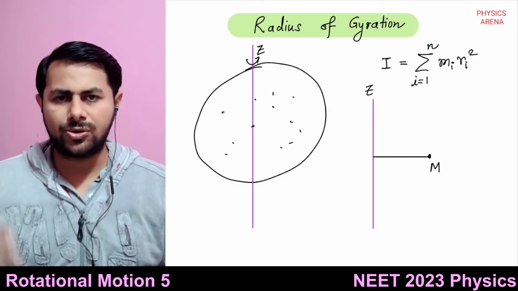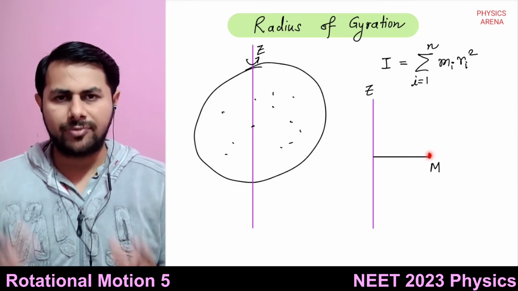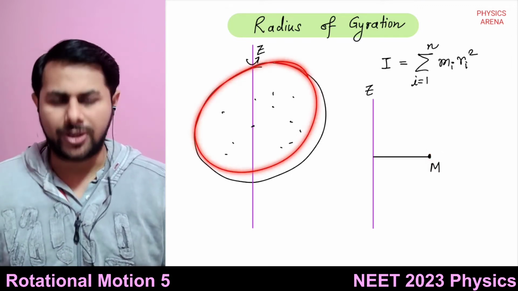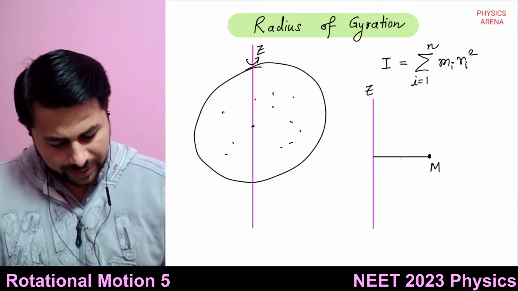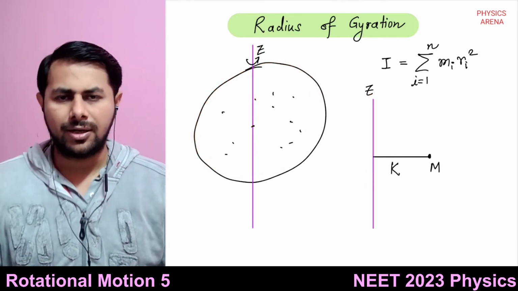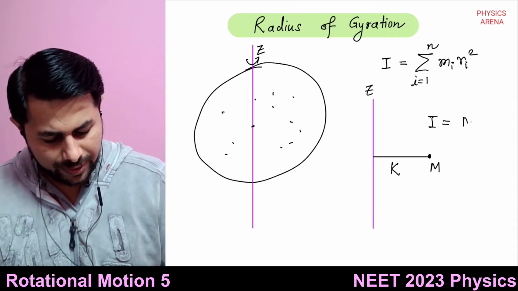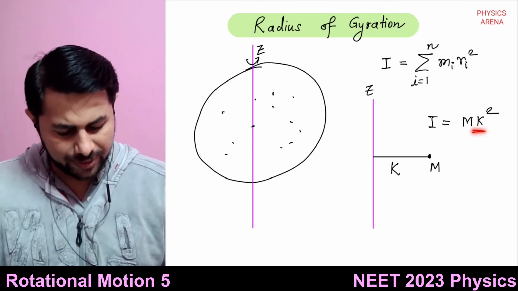So at what distance should I keep that point mass such that this point mass will have same moment of inertia as that of this body about the same axis of rotation? That distance is known as radius of gyration and it's denoted by k. So I is equal to what? M multiplied by k square.